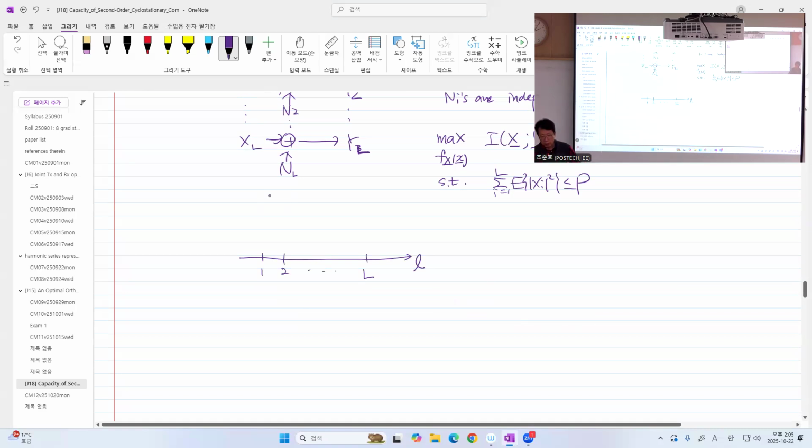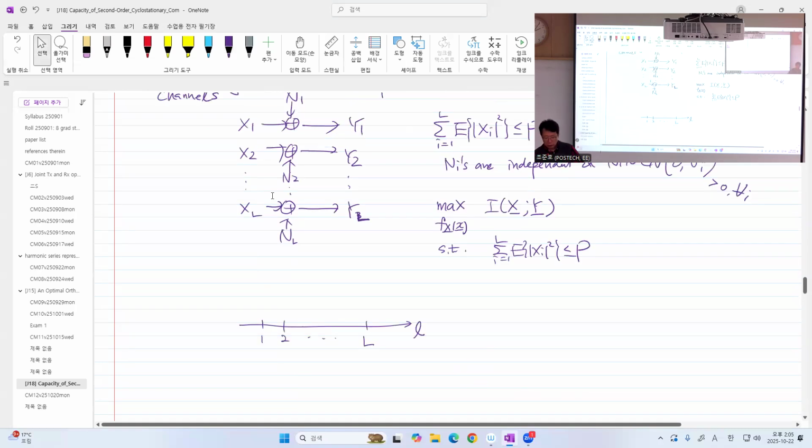And what you need to do is to mark the value of sigma sub i. So this height is sigma 1 squared, this is sigma 2 squared, and that is sigma L squared. And the procedure includes this part.